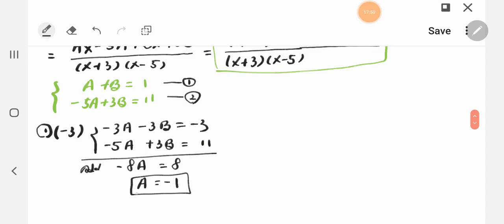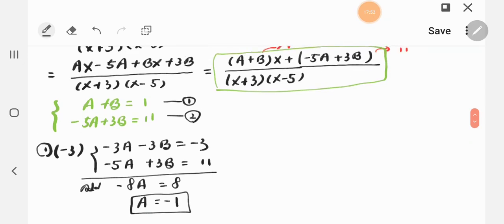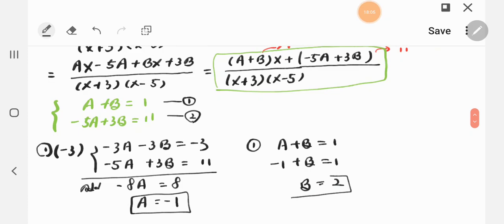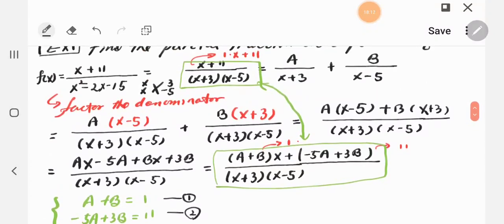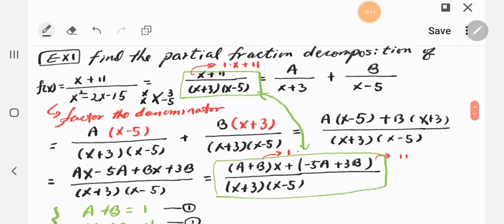So we found the value of a. Let's find b. From equation 1, since a equals negative 1, we can find b. Add 1 to each side, so b is equal to 2. So finally, our equation is this. What we do is we just replace a and b from this.